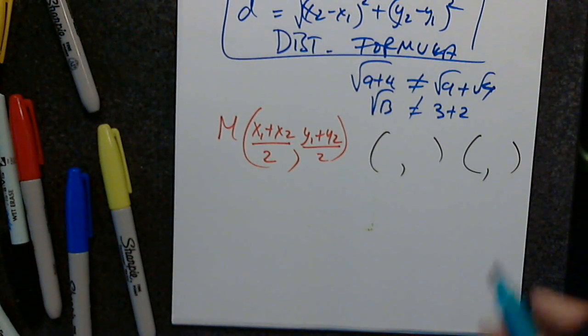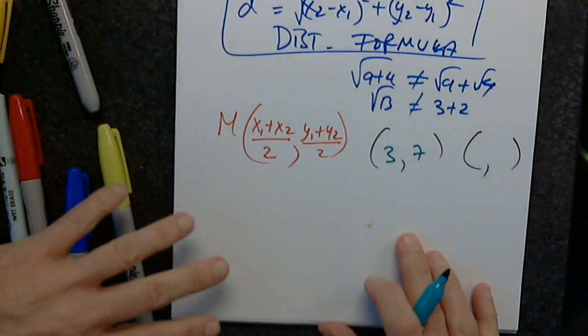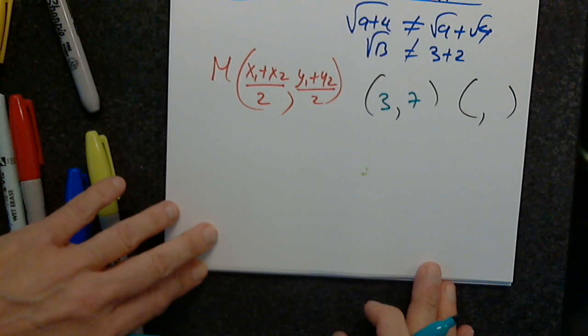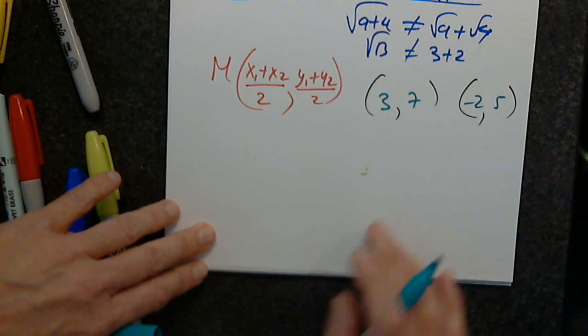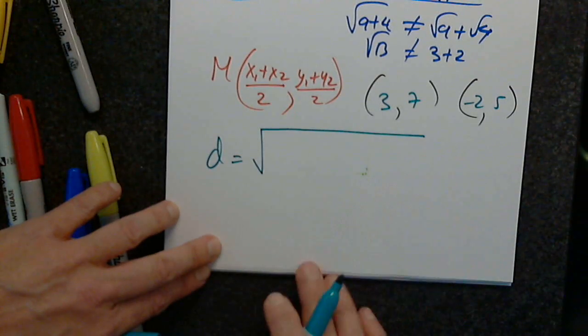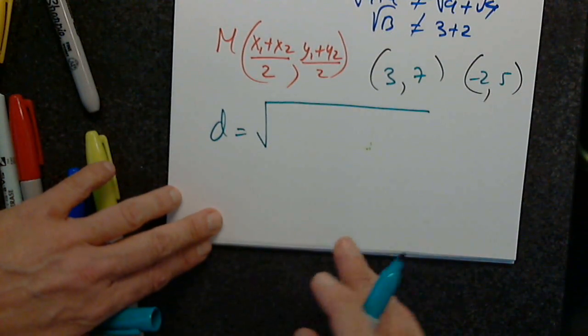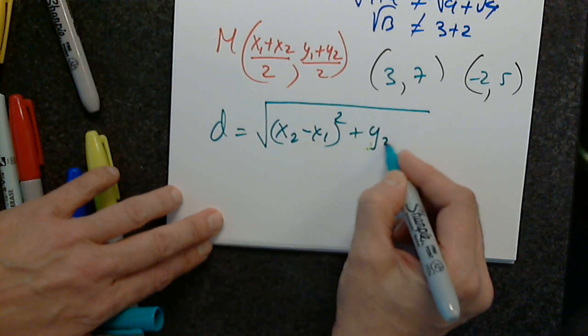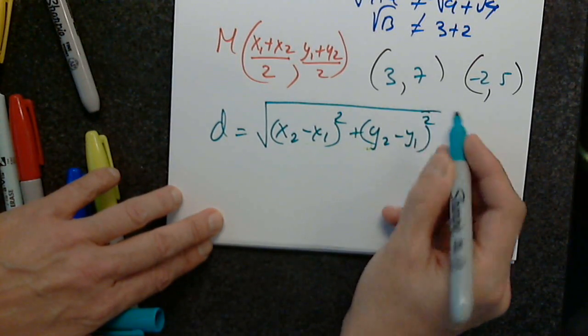Which one? 3, 7 is perfect. And throw in a negative in there anywhere you want. Negative 2 and 5, perfect. So in order to find the distance, I highly recommend you rewrite the formula: x2 minus x1 squared plus y2 minus y1 squared.